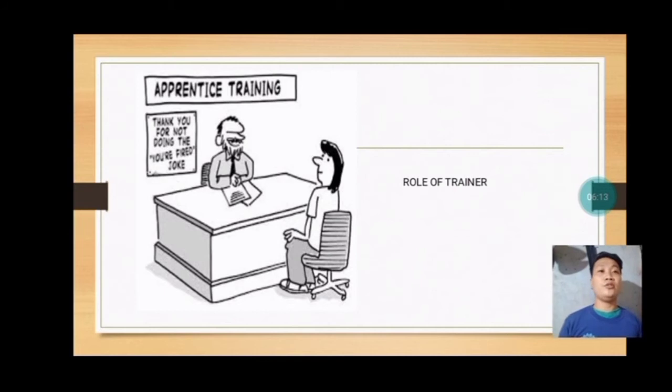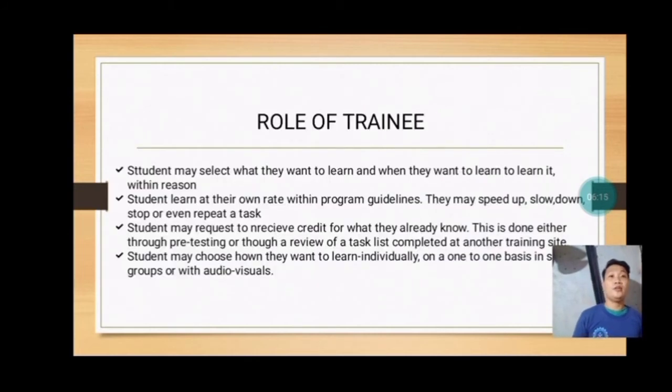Role of trainee. Students may select what they want to learn and when they want to learn it, within reason. Students learn at their own rate within program guidelines. They may speed up, slow down, stop, or even repeat a task.